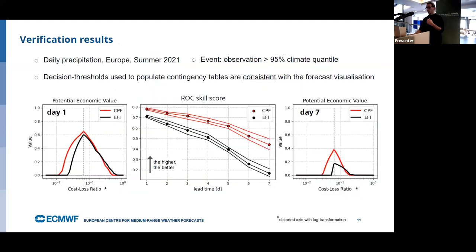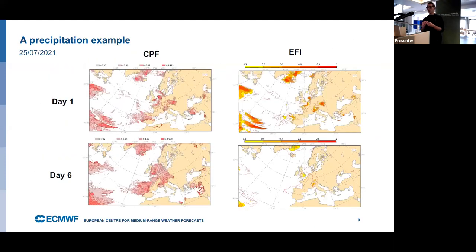I think it's very much related to the way we present this product to the user. We consider that if the EFI drops below 0.5, there is nothing to show to the user. Like if you look at probabilities, if the probability of a given event becomes smaller than 10%, we will not show it because no one will take an action because of this 1% or 2%. And the CPF, seamlessly, we will have a high value of the CPF even at longer lead times.